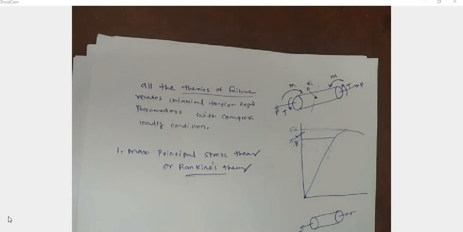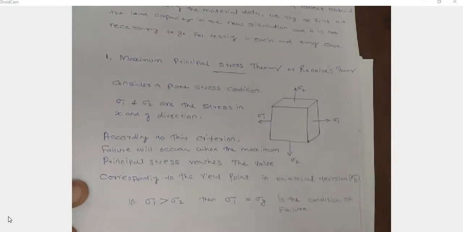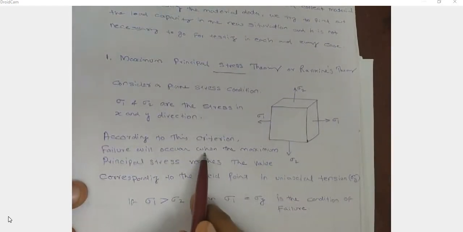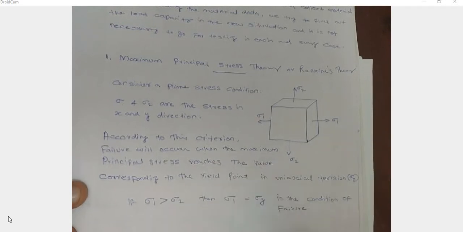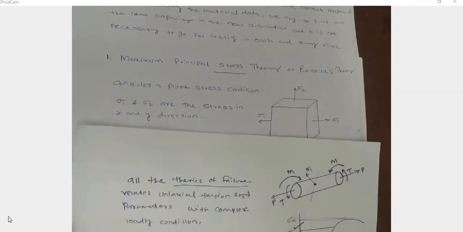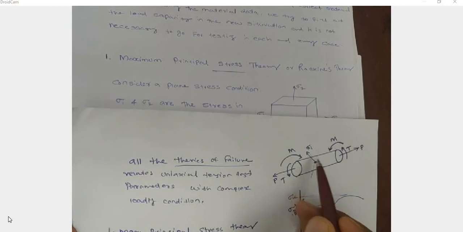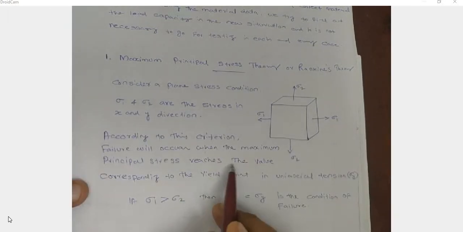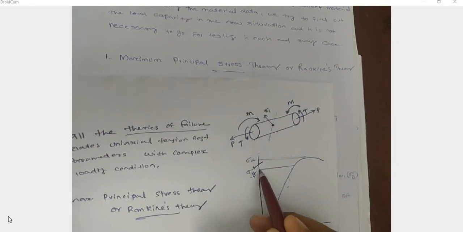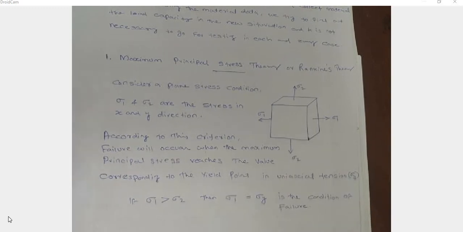According to this theory, failure will occur when the maximum principal stress, this one is the maximum principal stress, reaches the value corresponding to the yield point, this one, in the uniaxial tension test.